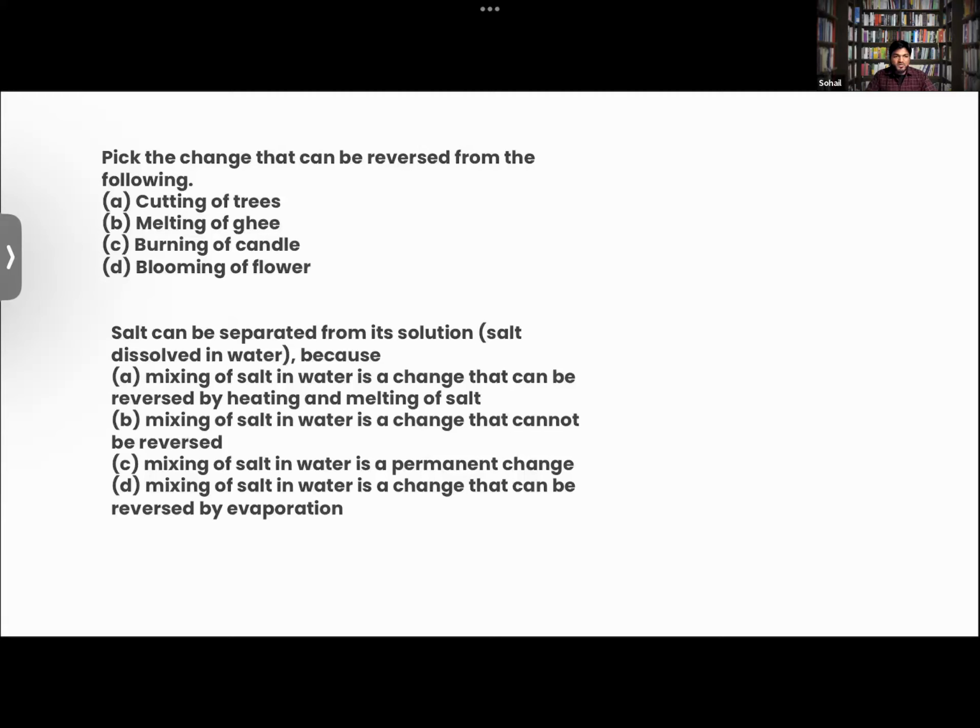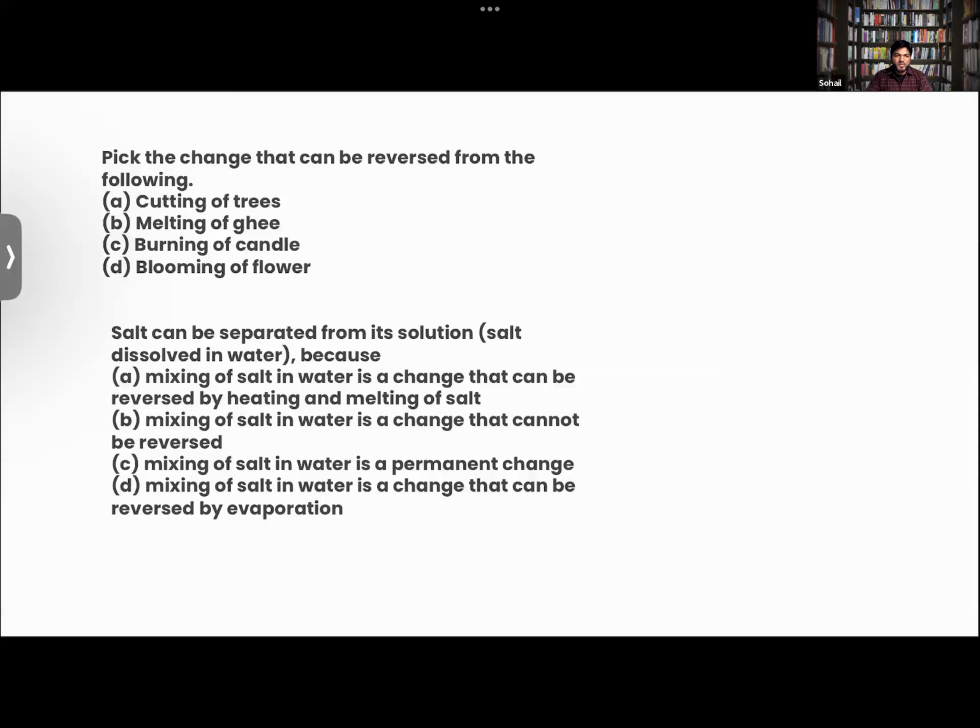Pick the change that can be reversed from the following. Your first option, can it be reversed?